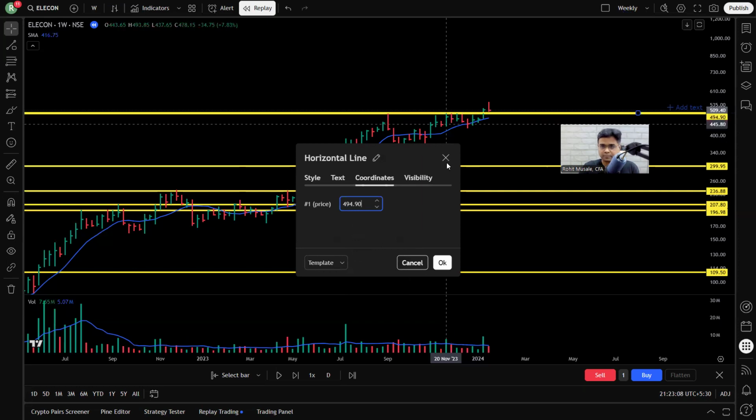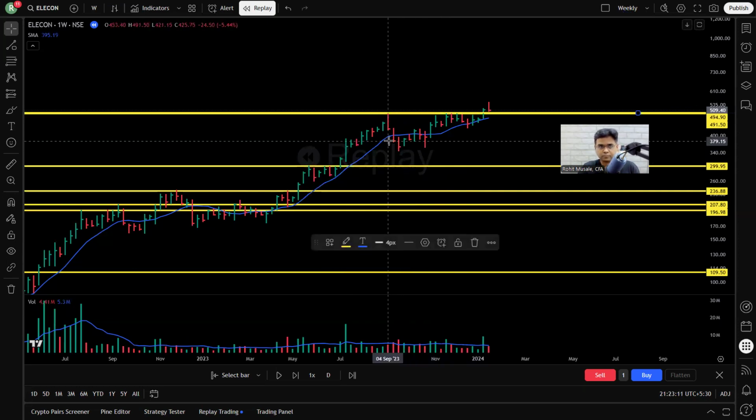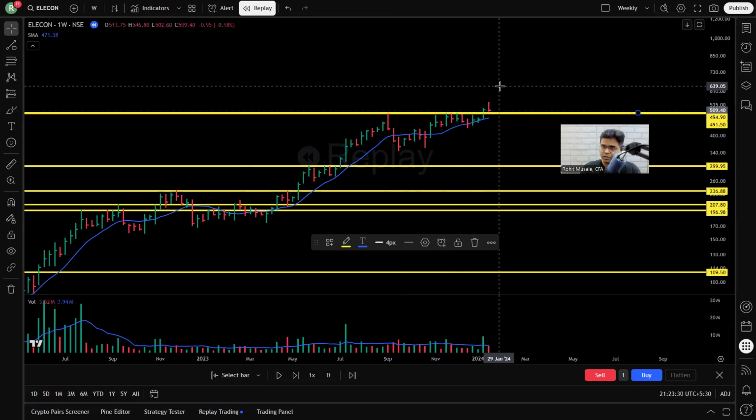So that is the pivot point of base number 4B, and it was understandable because this move was 60%. So our prediction came true that it is most likely to be base 4A. This is base 4B. Base 4B has broken out now.